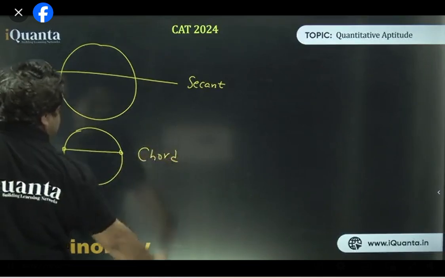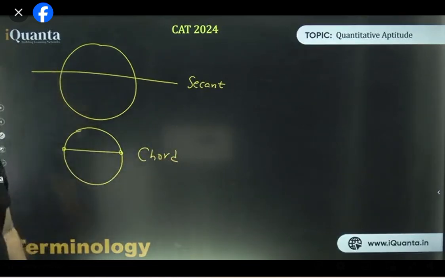So the difference between secant and chord is the same as between a line and a line segment. Is that clear? Everyone? Understood? Perfect.